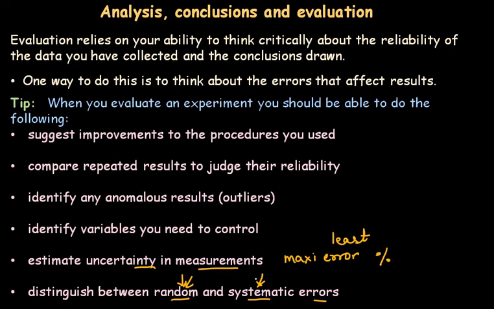Now that cannot be controlled. So that's a systematic error which is going to occur. If there is some error in the apparatus measurement, or you can say graduation of that apparatus, that is also a systematic error which cannot be controlled. So we need to distinguish between random and systematic error before we evaluate an experiment.